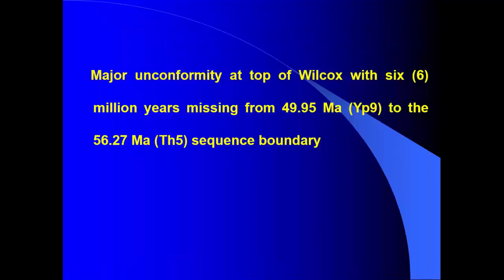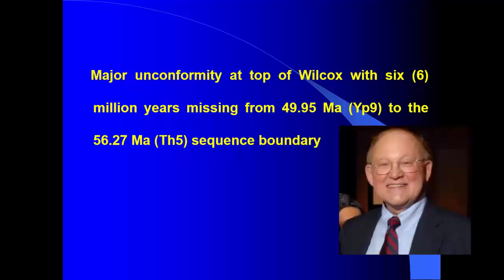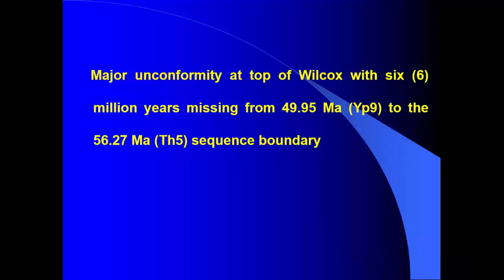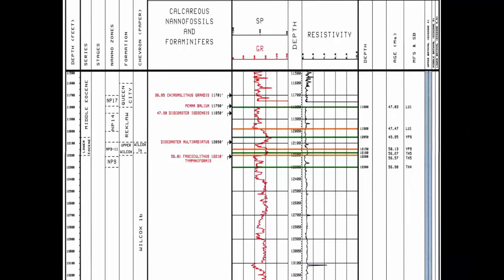There's a major unconformity at the top of the base of the Midway, top of the Cretaceous, and the ages are over here. I think this is like 49, and this is like 56.